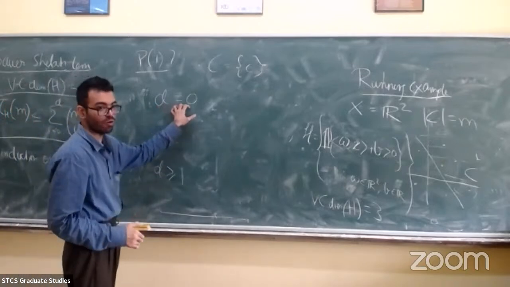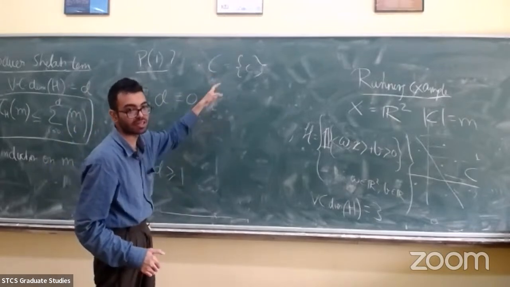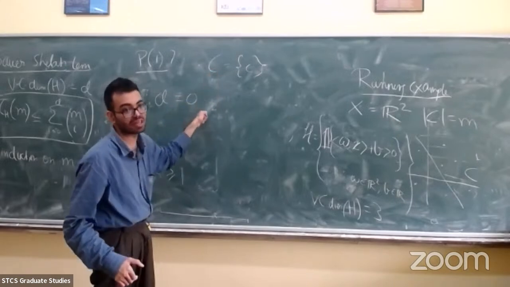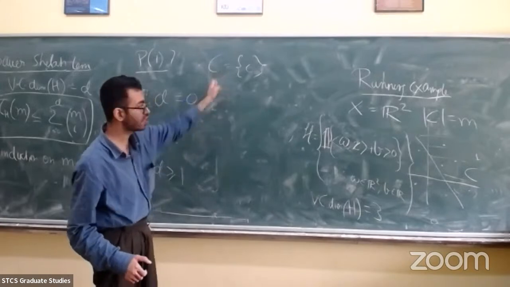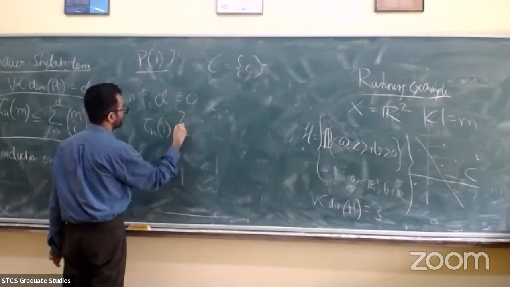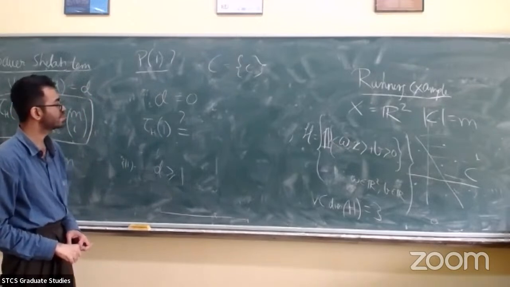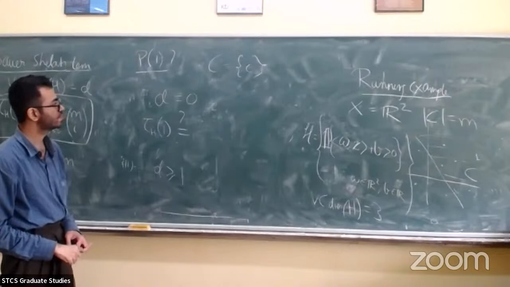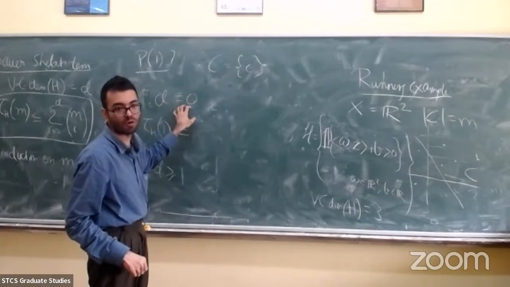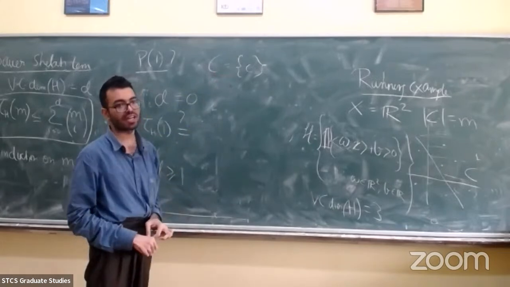If the digital dimension is 0, then it means that C here is not shattered by H, because the size of C is more than the digital dimension. If it is not shattered, then what is tau H of 1 in this case? C is one element, the digital dimension is 0, hence C is not shattered. So what is the growth function value?